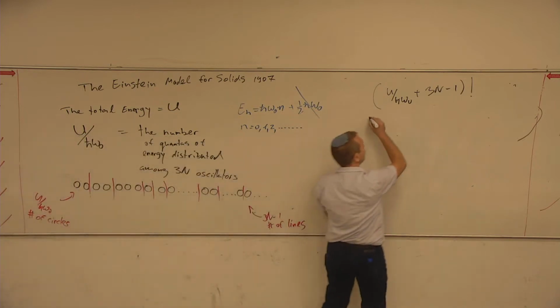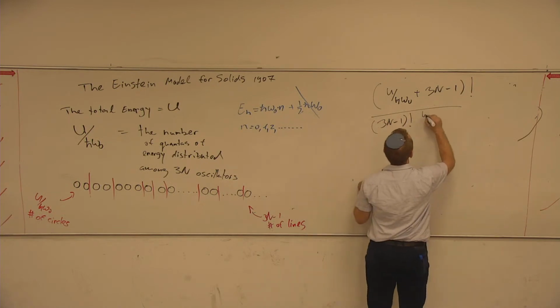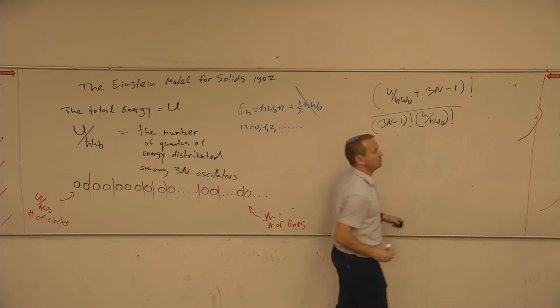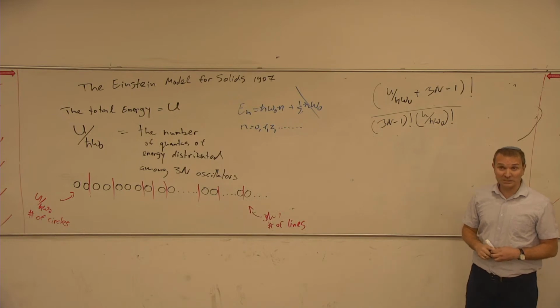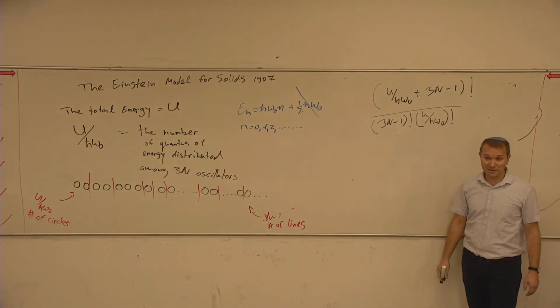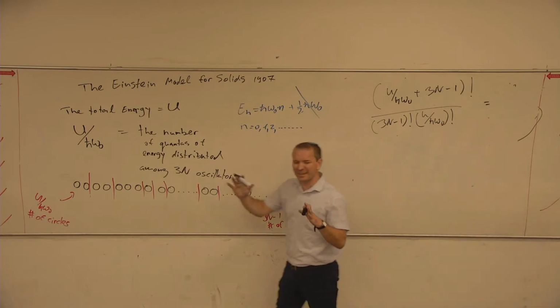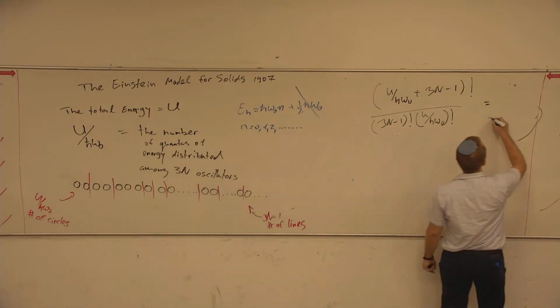So I have to divide by 3N minus 1 factorial and U divided by ħω0 factorial. Like a binomial, right? But the proof is slightly different than just a binomial.